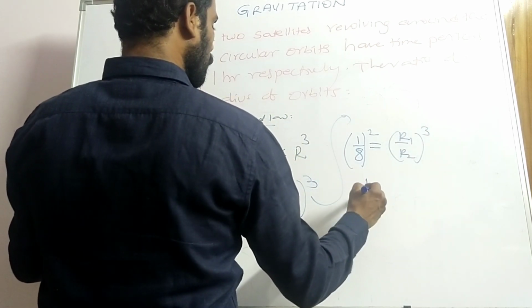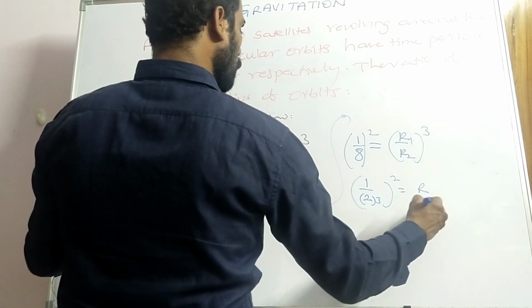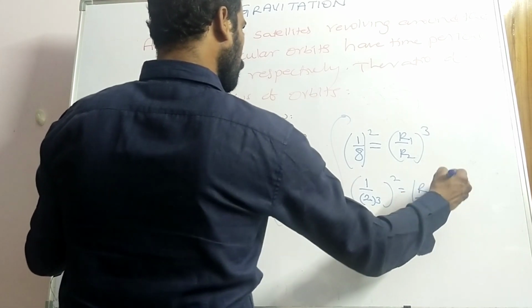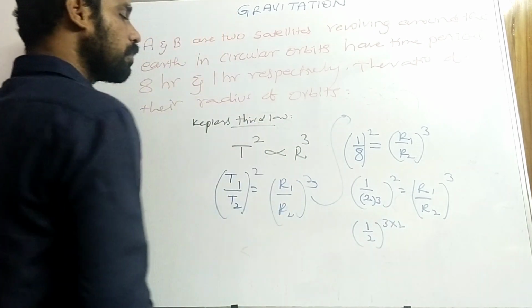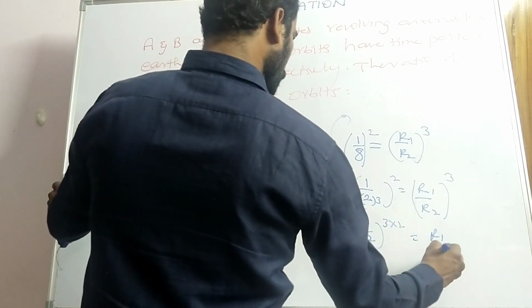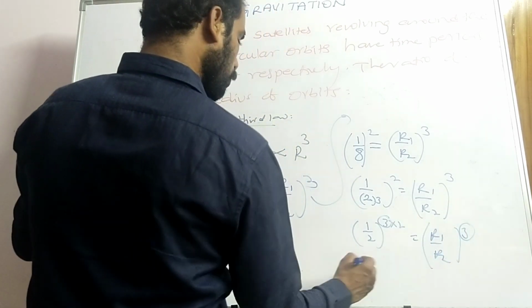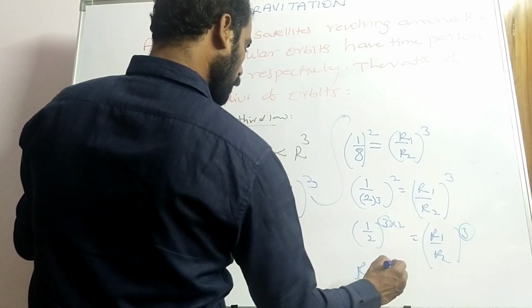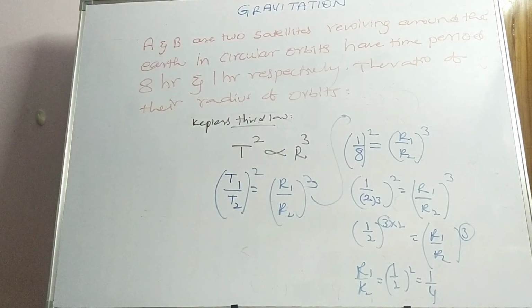Now it can be written as 1 by 2 whole cube whole square is equal to R1 by R2 whole cube. Now 1 by 2 whole power 3 into 2 is equal to R1 by R2 whole cube. This cube and this cube get cancelled. R1 by R2 is equal to 1 by 2 whole square, that is 1 by 4. So 1:4 will be the answer.